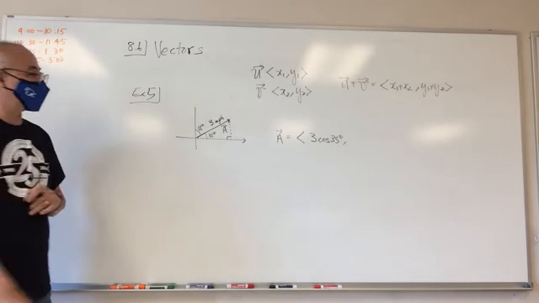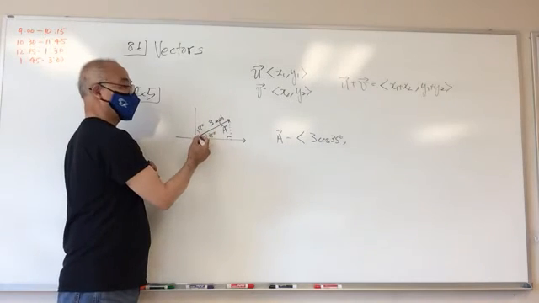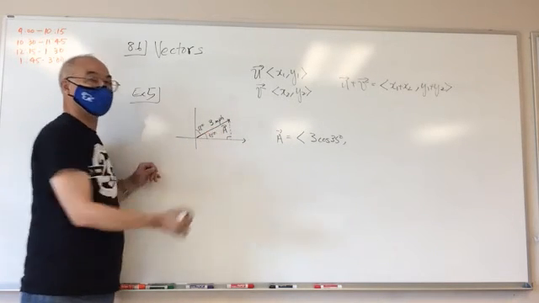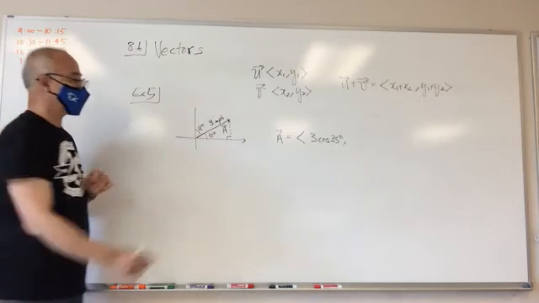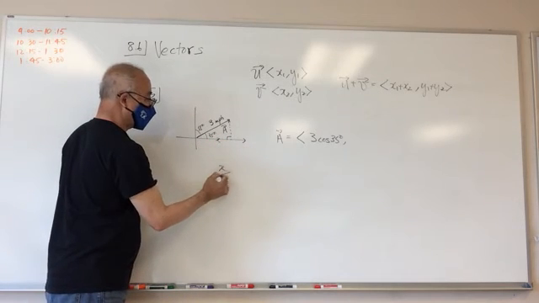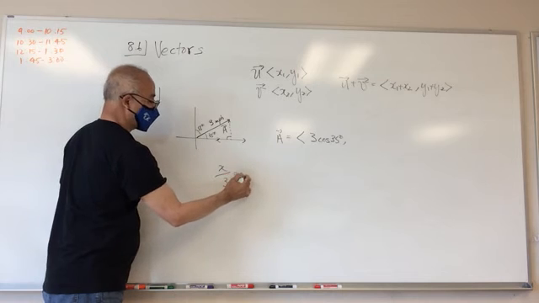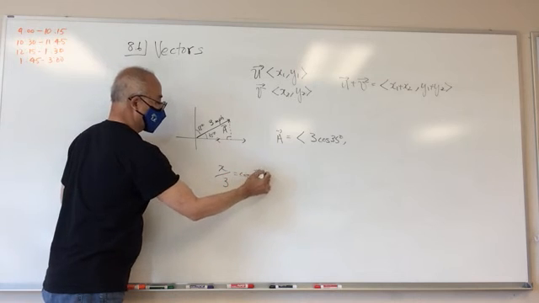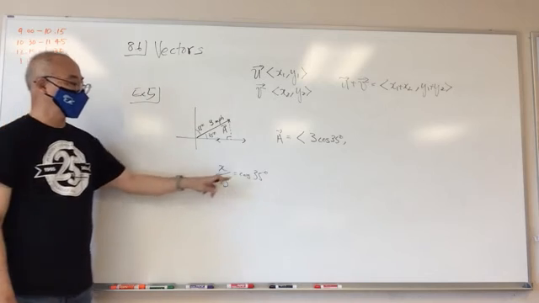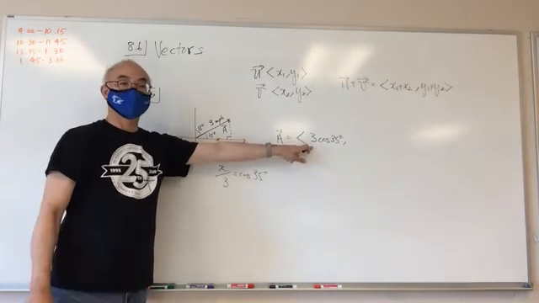Cosine of 35 is what? Cosine of 35 is the adjacent over the hypotenuse, correct? So the adjacent is what I'm trying to find. The adjacent over the hypotenuse is cosine 35 degrees, and multiply 3 on both sides and you end up with that.